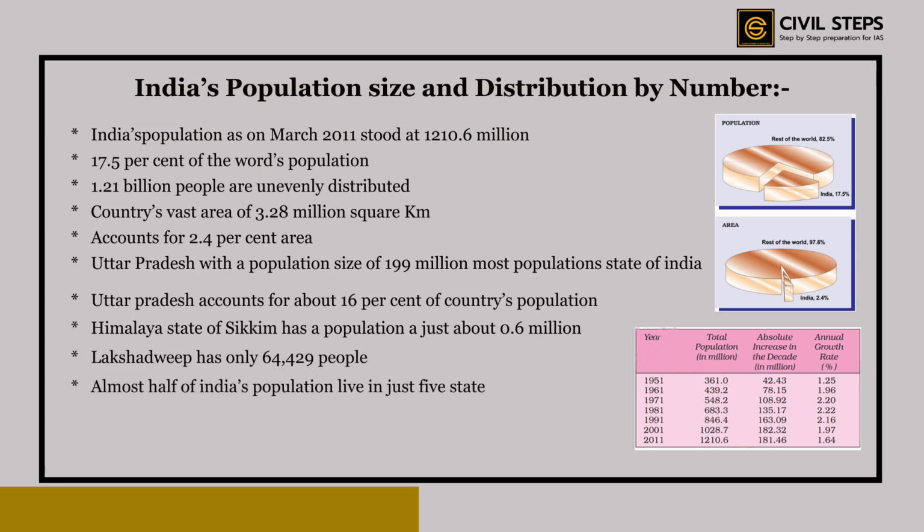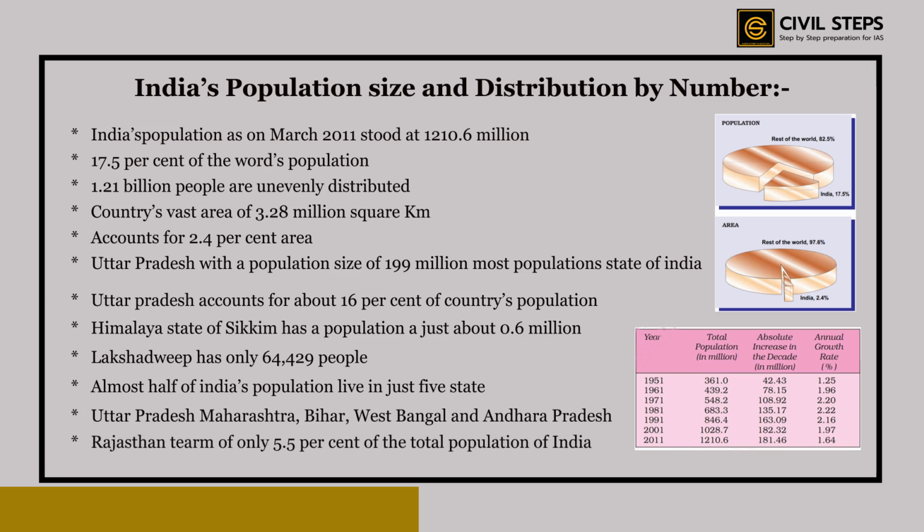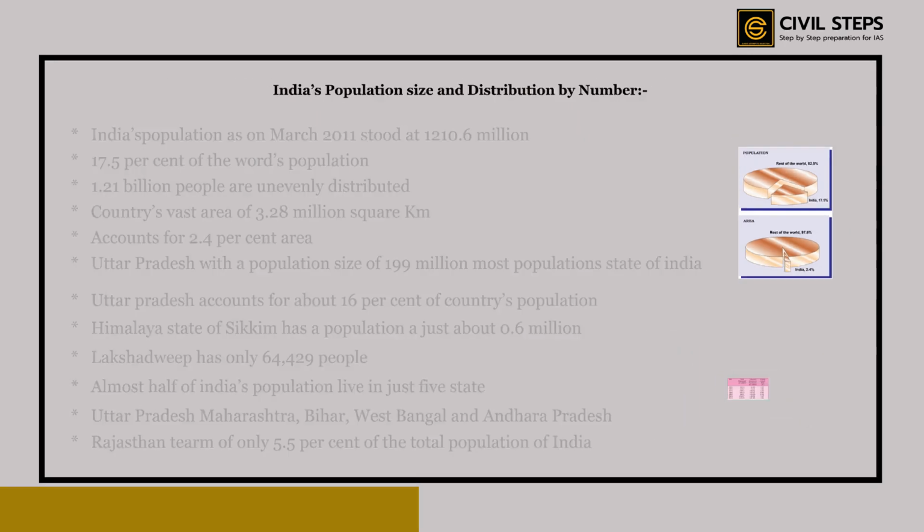Almost half of India's population lives in just 5 states. These are Uttar Pradesh, Maharashtra, Bihar, West Bengal, and Andhra Pradesh. Rajasthan, which is the biggest state in terms of area, has only 5.5% of the total population of India.